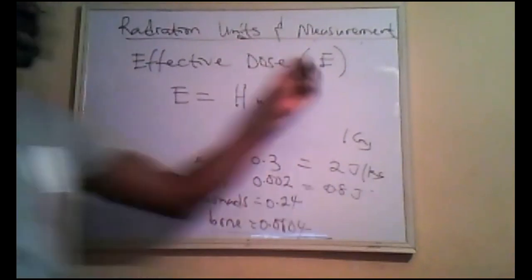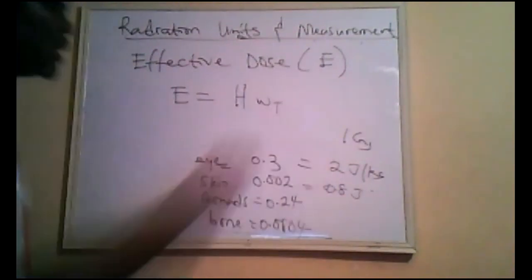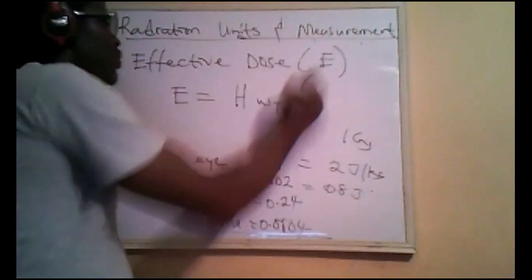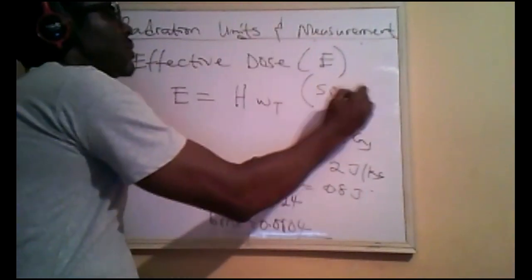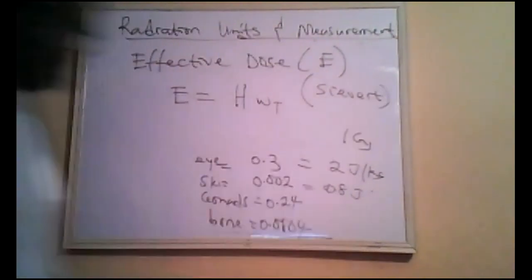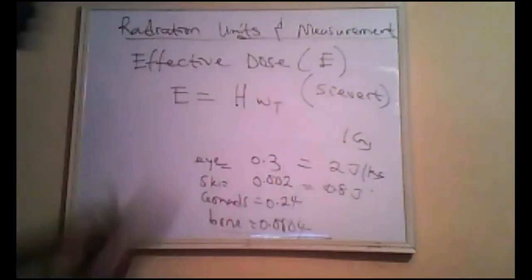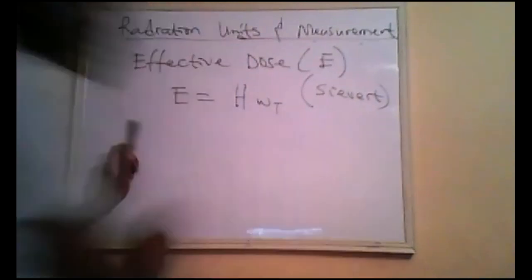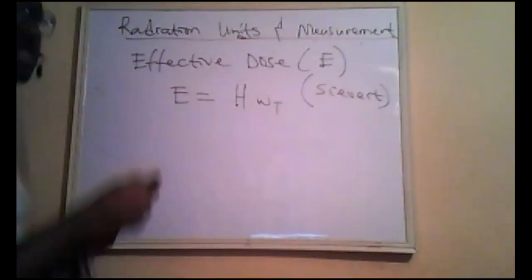This one also has a special name. It shares the same name with equivalent dose: sievert. It also has another special name, and if I conclude this, we also have some special units.